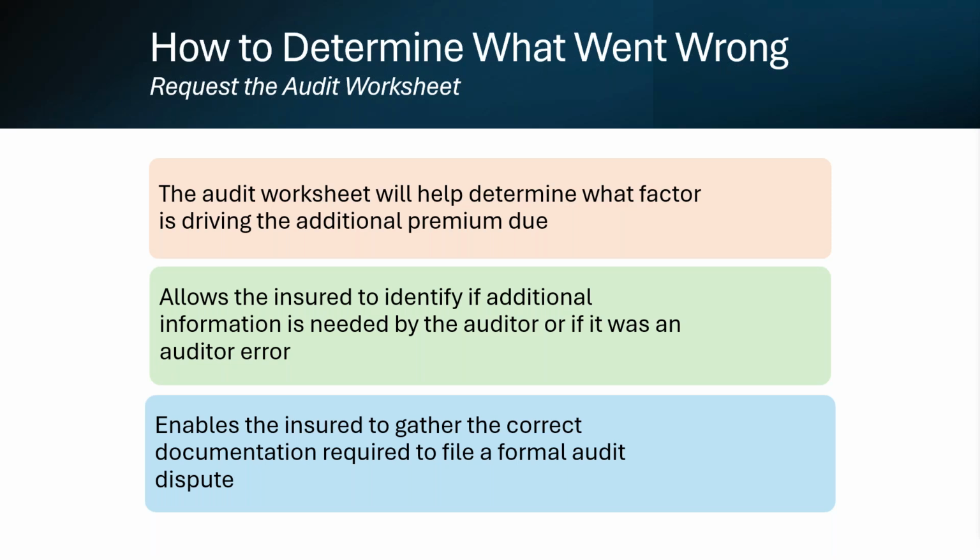So let's continue with our homeowners association example. When the insured goes to file their dispute, they were able to identify what drove the additional premium, and they know that their dispute request is for vendor ABC to be excluded from the final audit, and they're just re-providing that certificate of insurance that may not have been provided in the first place, or the auditor just missed it by accident.